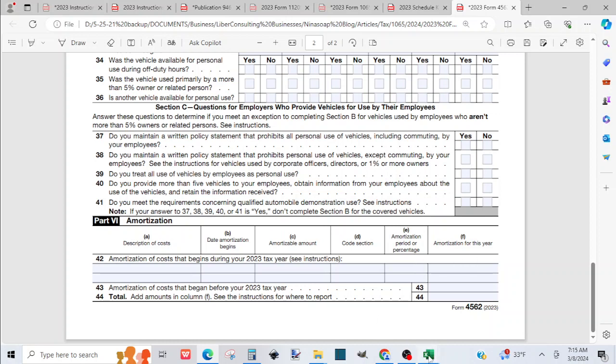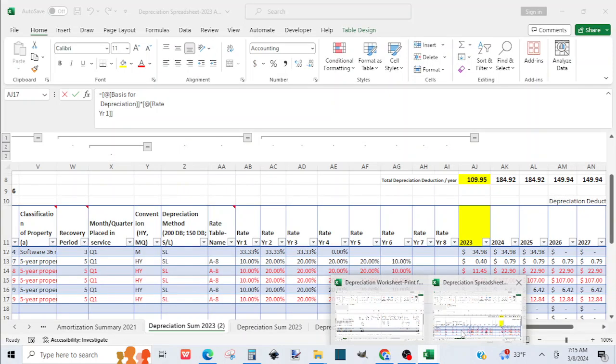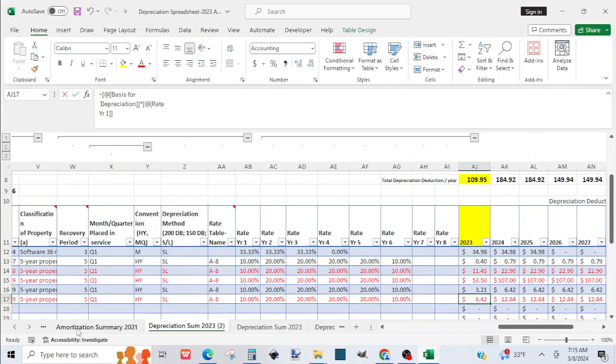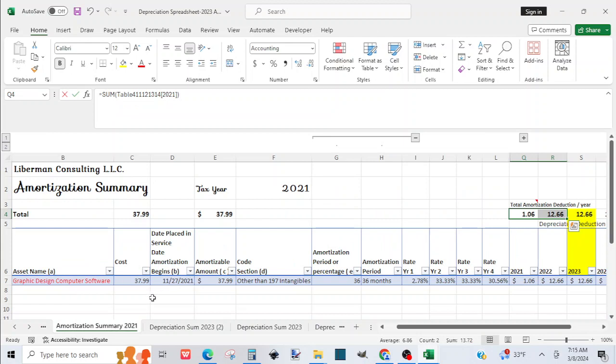As an example, I can show you on the spreadsheet what I tried to amortize here, which was software that I could have just depreciated on line 16 for 36 months, which is the same as amortization, but it's not appropriate for the amortization section since it does not have a code. They call it other than 197 intangible, even though it's an intangible asset.